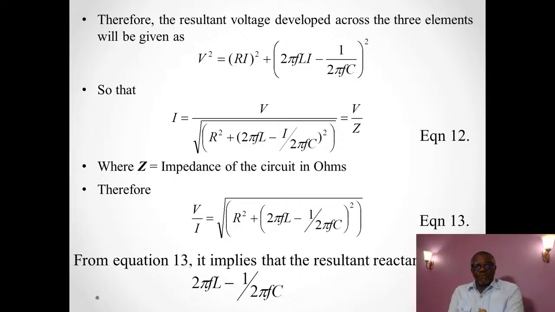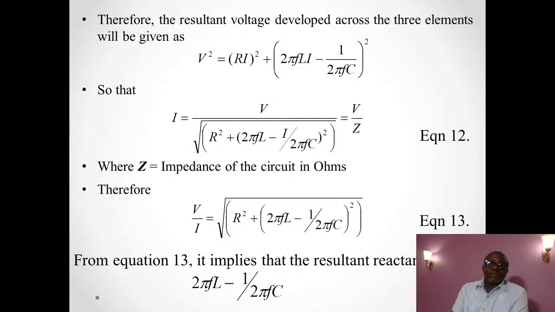From equation 13, it implies that the resultant reactance will be equal to 2 pi FL minus 1 over 2 pi FC.